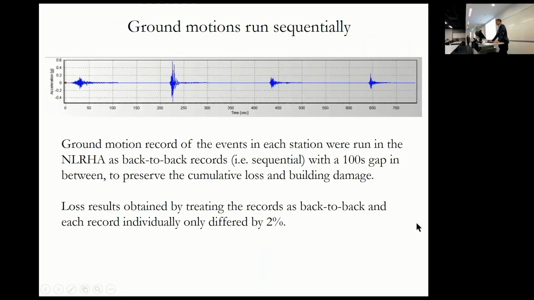When we ran the time history analysis, we took those ground motions at each site and ran them sequentially. So you can see for a given station, we had the September 2010, February 2011, June, December, and we put in a 100-second trace between those so that when we run these analyses and our building gets damaged, we don't forget that when we look at what was the likely impact of the February event.